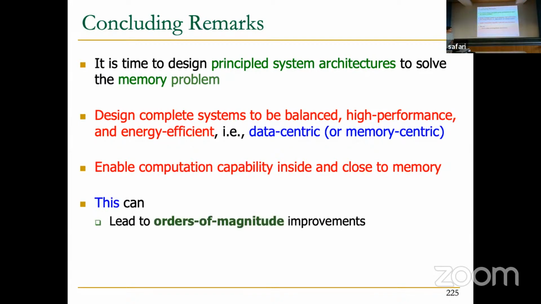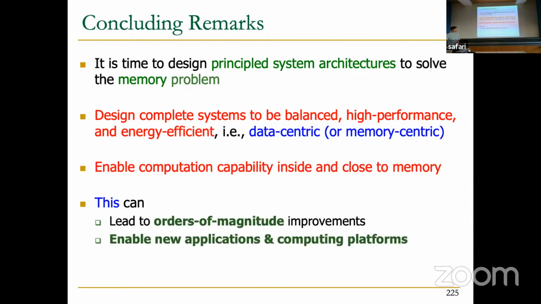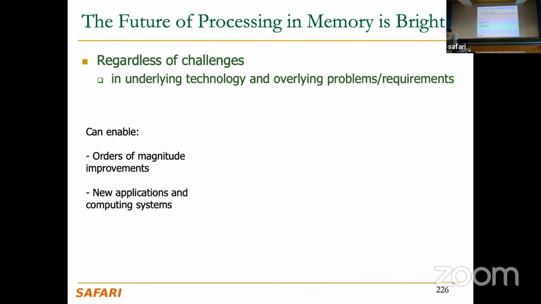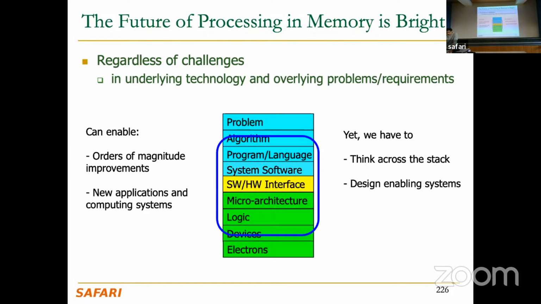This can lead to orders of magnitude improvements, enable new applications and computing platforms, enable better understanding of nature, etc. Regardless of challenges in underlying technology and overlying problems and requirements, processing in memory can enable orders of magnitude improvements and new applications and computing systems.